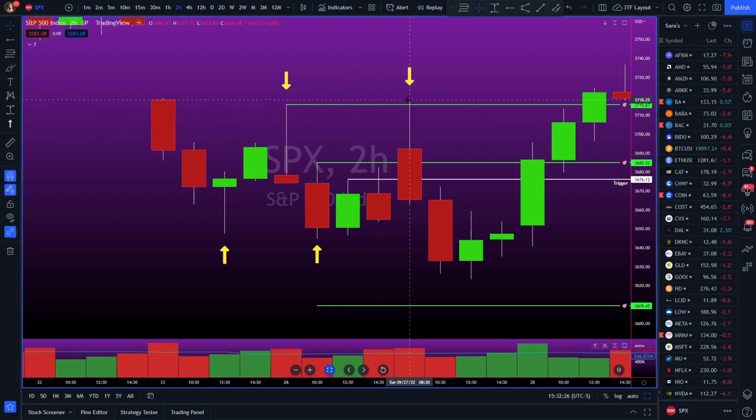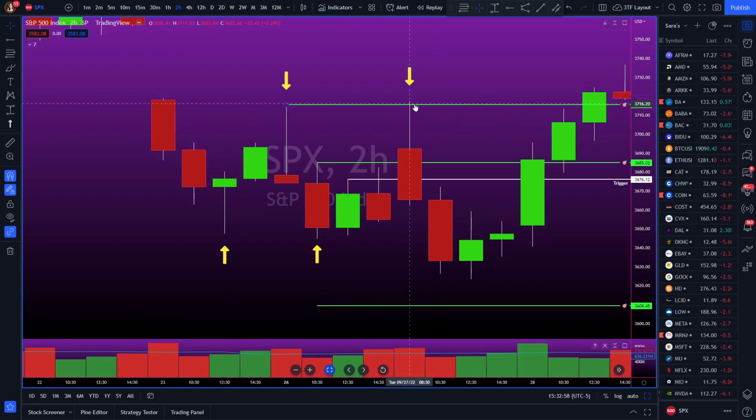So again, retail traders are taught to go long on resistance breaks. So if anybody went long right here, they're immediately underwater. This is what we refer to as breakout trading, trying to go long against the previous pivot high. We don't do that. We want to be exiting here.